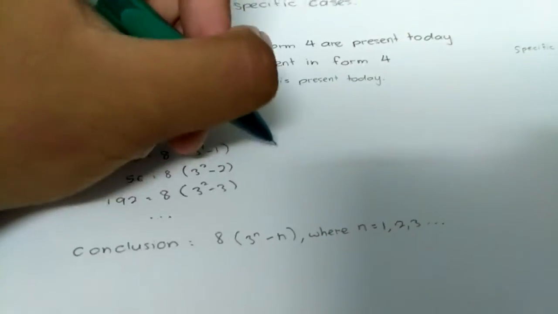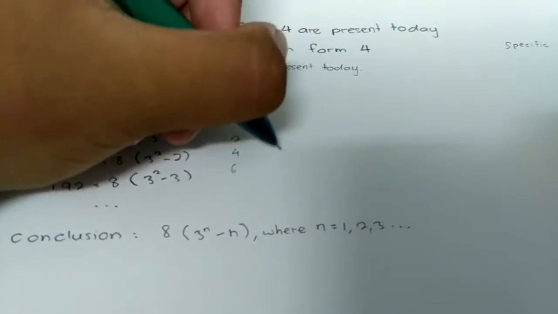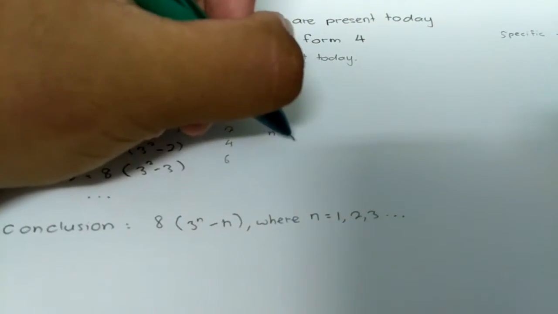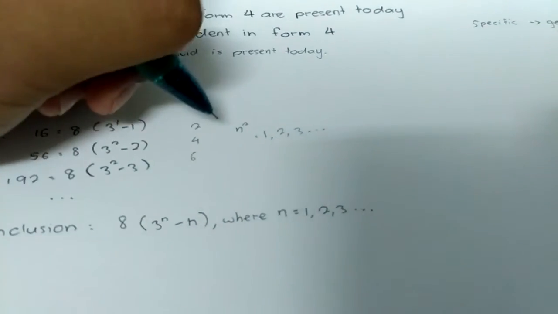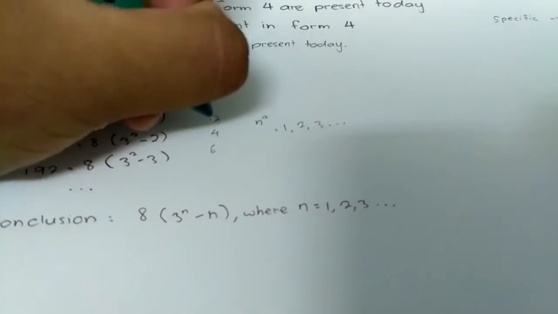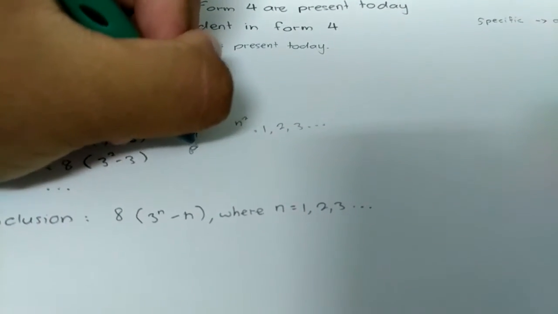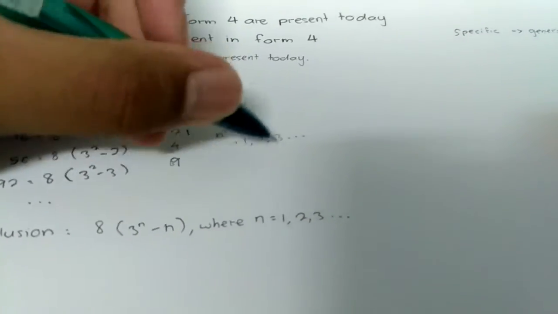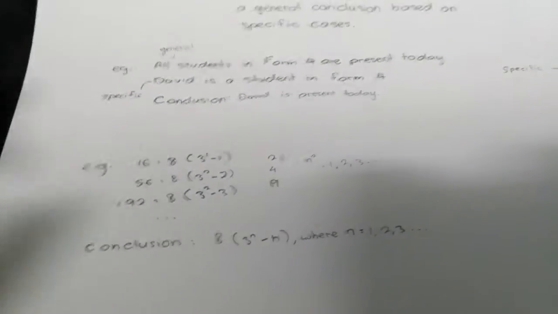If given 1, 4, 9, you must change this to n squared, because you can change n squared, n equal to 1, 2, 3 dot dot dot, because 1 squared is 1, 2 squared is 4, 3 squared is 9. So this is the answer.